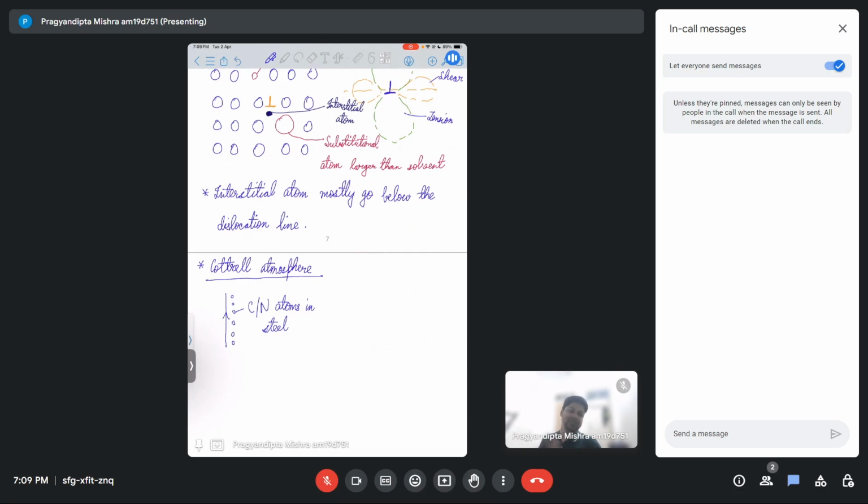Okay. Now, what happens when the dislocation tries to move? Initially, there will be a huge resistance because the entire region is filled up with these impurity atoms, right? So, when yielding starts, for all other systems, you will generally see a stress versus strain curve something like this.